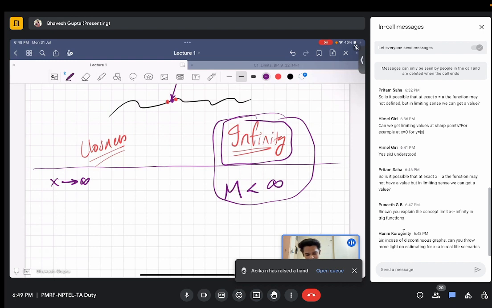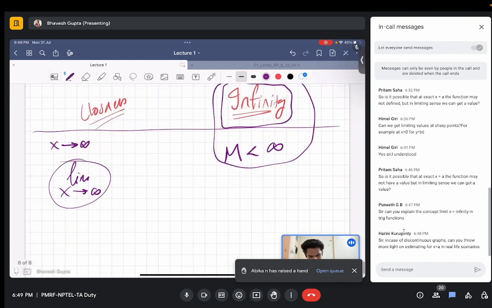So whenever you see x tends to infinity anywhere, not only in logarithmic, but in exponential or any kind of function, that means the value of x is very large compared to every number you see around it. I can give you an example.